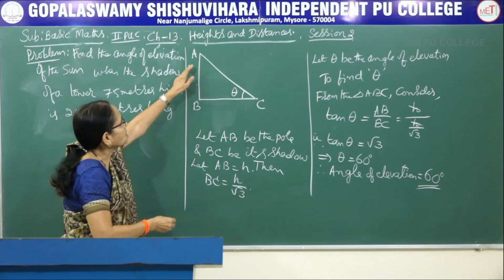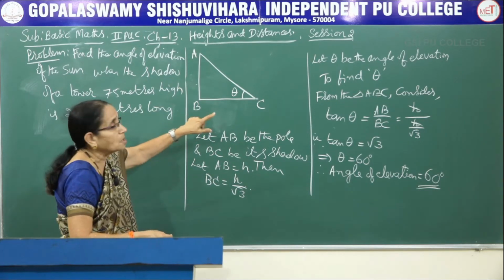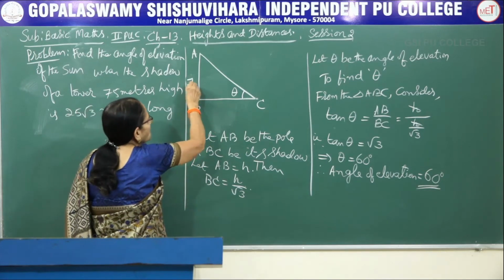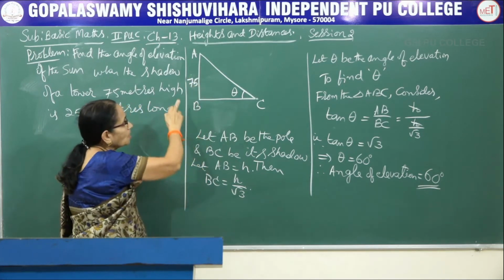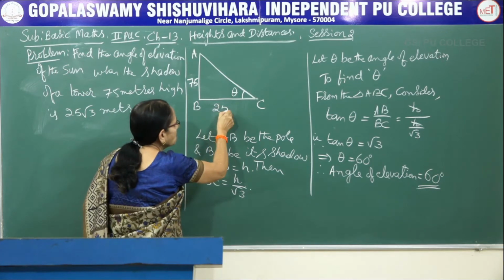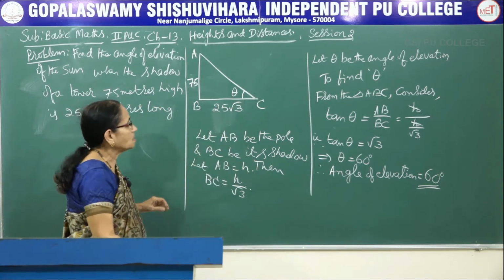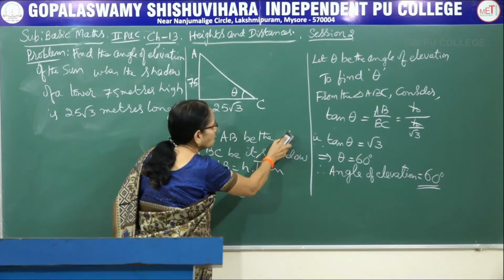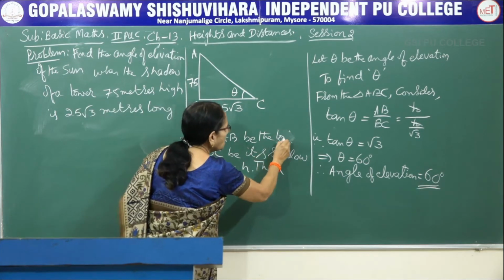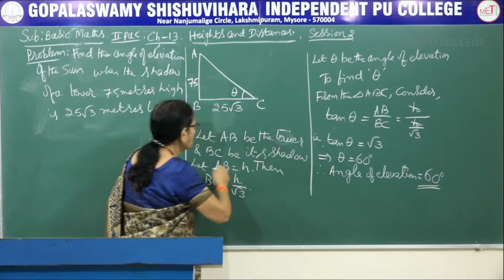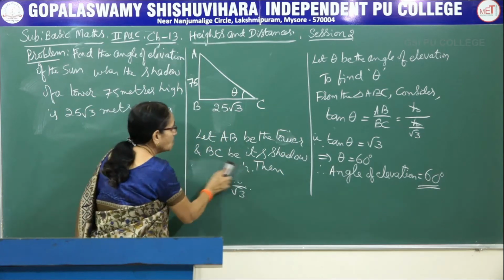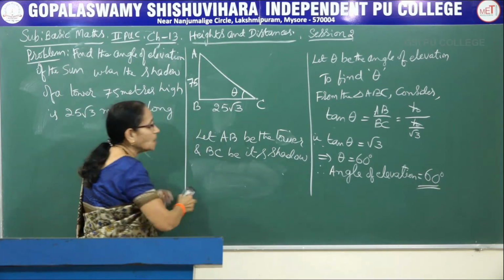Now, let me take AB to be the tower and BC its shadow. And what are the data here? It's 75 and this is 25 into root 3. In the previous problem it was the pole we were considering. Let AB be the tower and BC be its shadow. Here the exact values have been given.